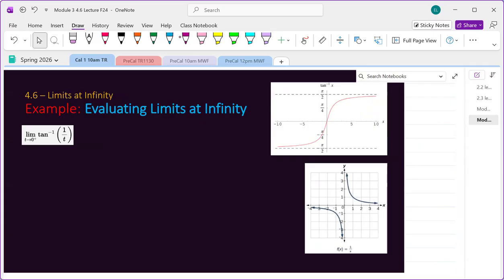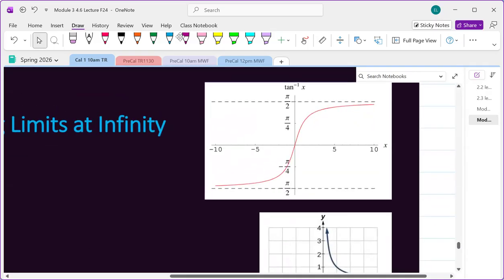So this is a graph where the limit as x approaches positive infinity is different from the limit as x approaches negative infinity. For inverse tangent of x, as x grows and grows and grows, inverse tangent approaches pi over 2. As x gets more and more negative, inverse tangent approaches negative pi over 2.